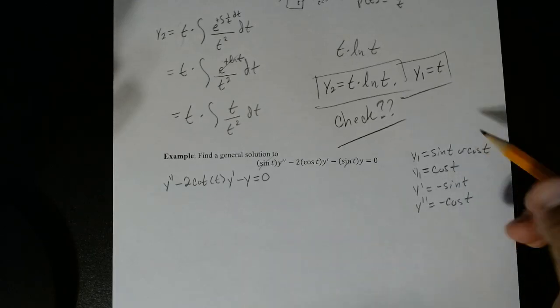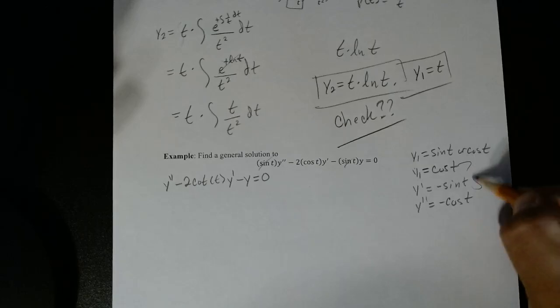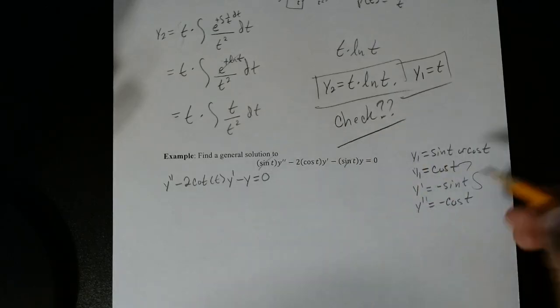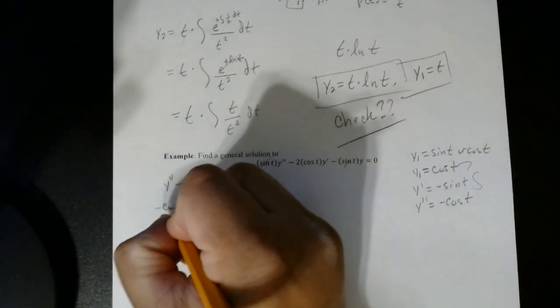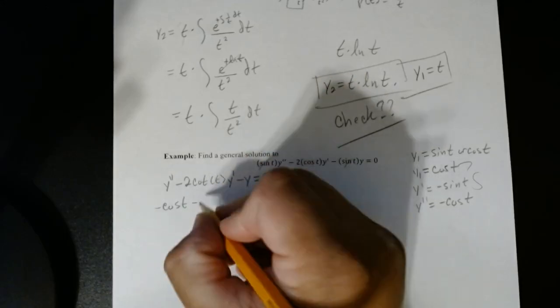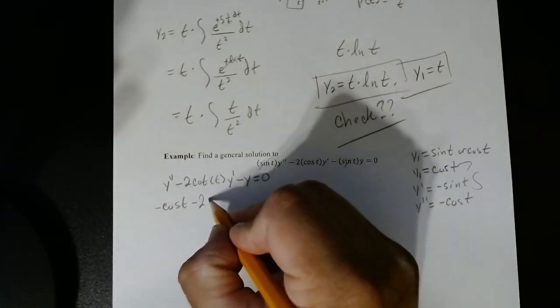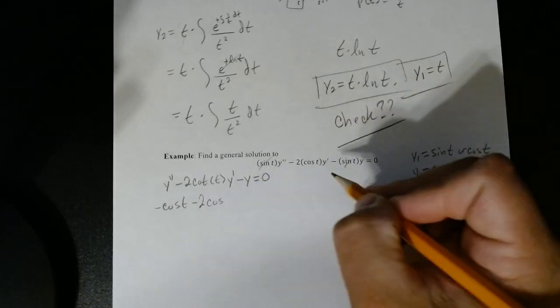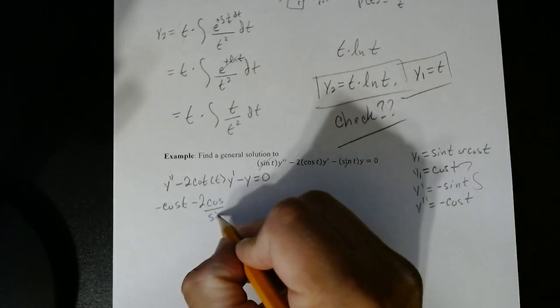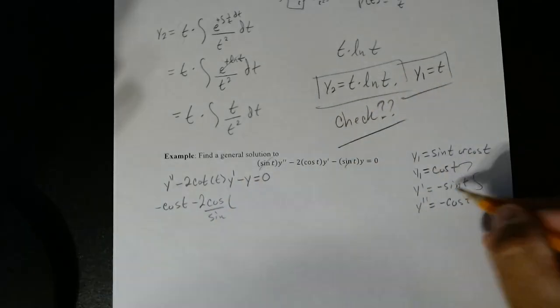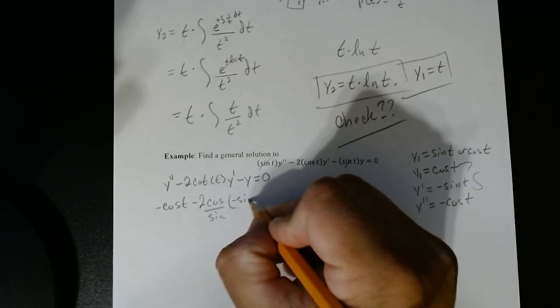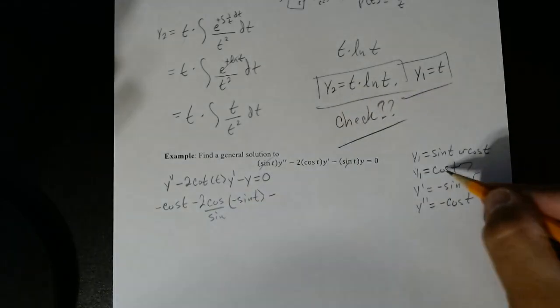All right, so now we just plug all this into here. So we get negative cosine t minus 2, and cotangent again was cosine over sine, which is nice because this one is negative, and this is cosine.